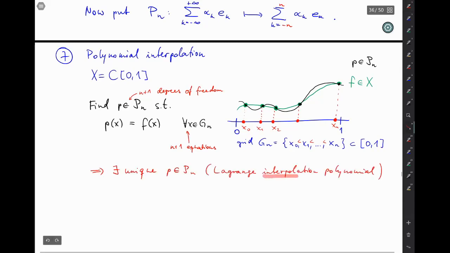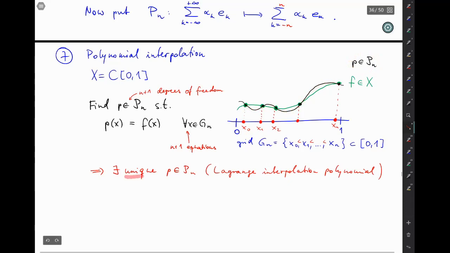And the word interpolation means that you're just given the values at these finitely many green points, and you somehow have to invent something meaningful that's going on between them. And in this case, meaningful means polynomial of that given degree.